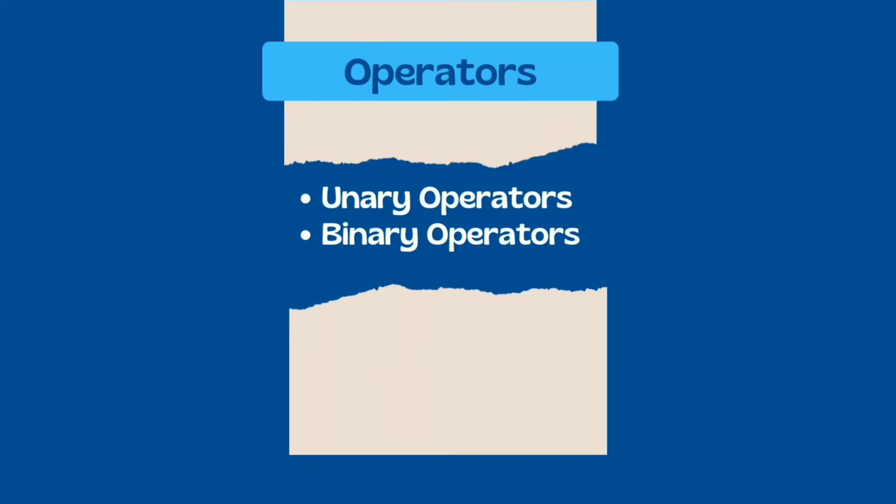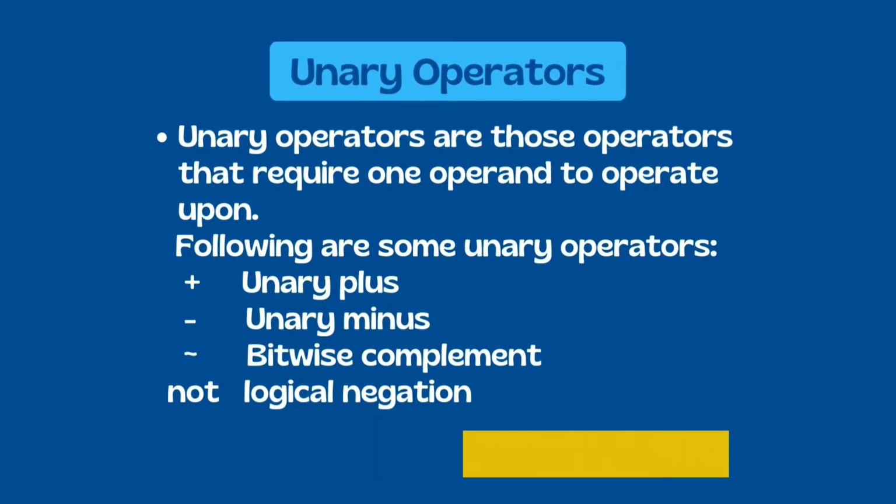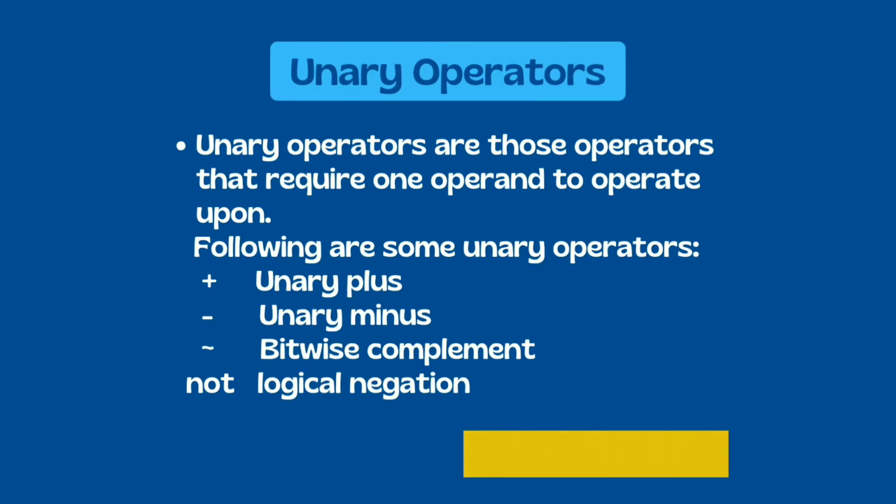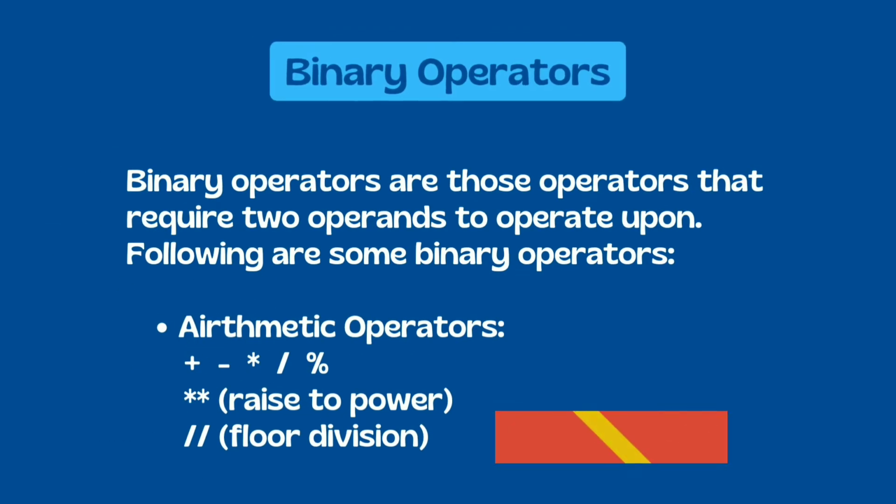Unary operators, those have one operand. Okay, just as for that is plus, unary minus, bitwise complement, and logical negation. But for binary operators, generally we have two operands. Okay, and the operators used for binary, such as arithmetic operators, for example plus, that is called addition, subtraction, multiplication, division, remainder, modulus is also known as remainder.